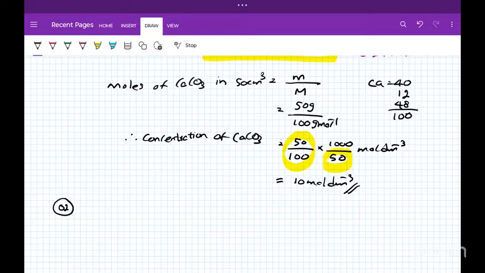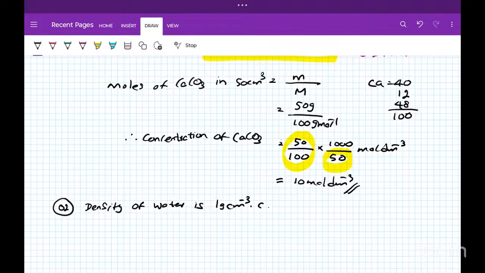Second question. Density of water is 1 gram per cubic centimeter.